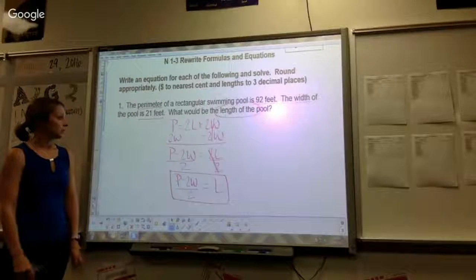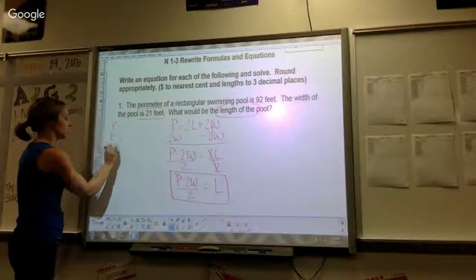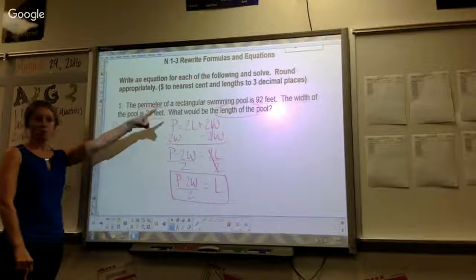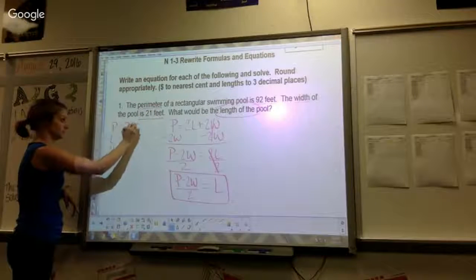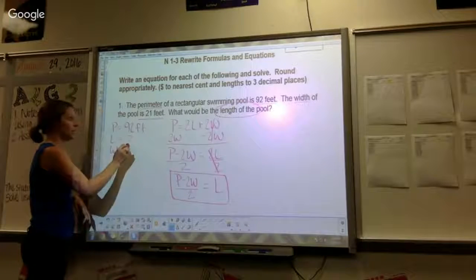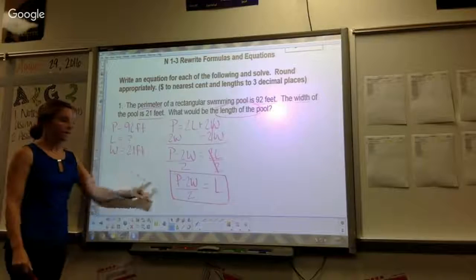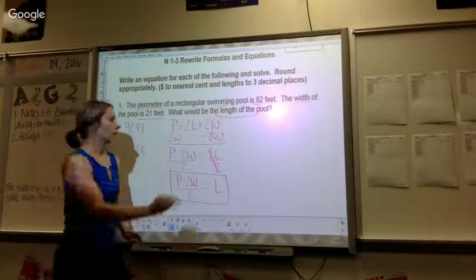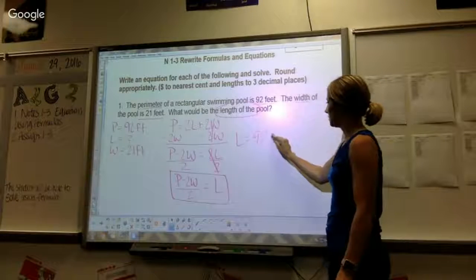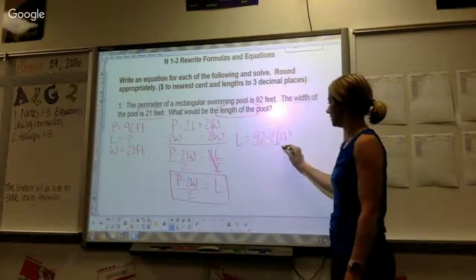So solving for length. And then on the side, I want you to write the variables that are in your formula. So P, L, and W. So the perimeter, notice we're given it's 92 feet. Length, we don't know, that's what we circled. And then the width is 21 feet. So now we're going to take this equation and plug in the numbers. So P is 92 minus 2 times your width, which is 21, divided by 2.